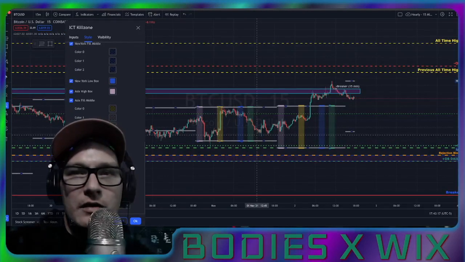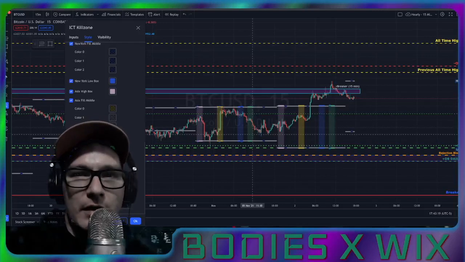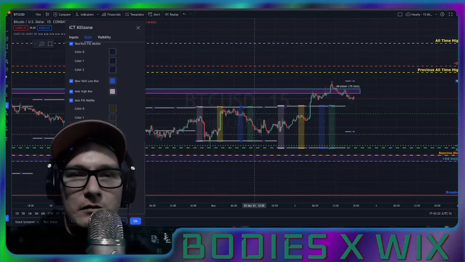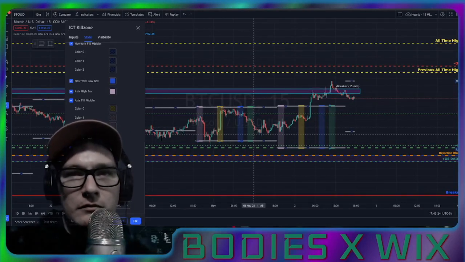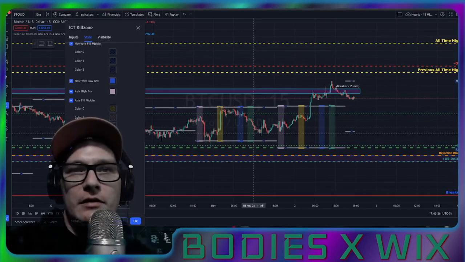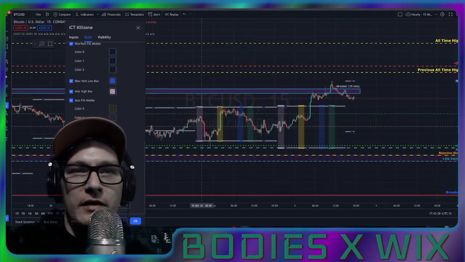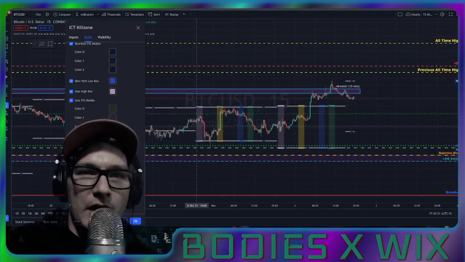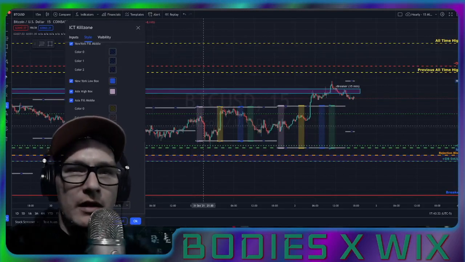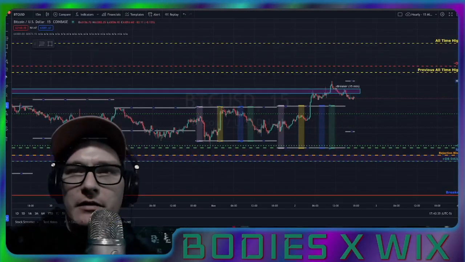Okay, so it's kind of close to the actual kill zones for Forex, except they just added the Asian. I mean, actually, it's exactly what it is.